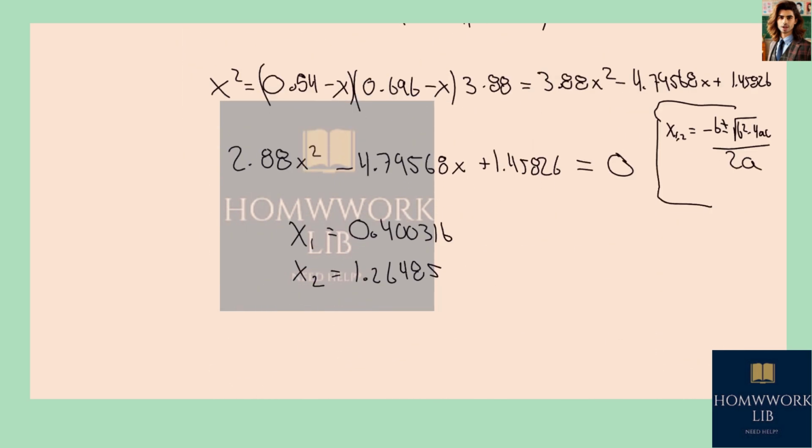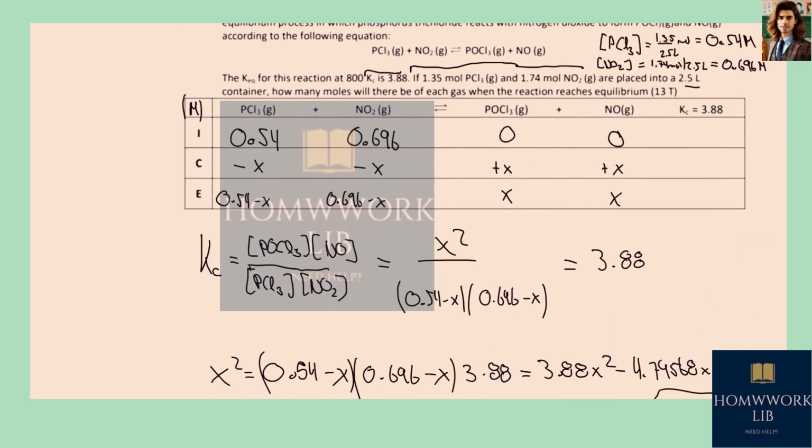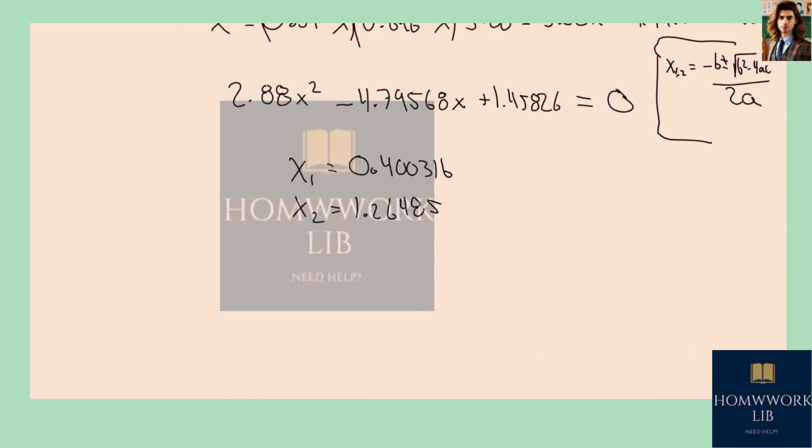Let's look at the equations that we have. If we have a value larger than 0.54, we would get a negative number. That means that we can disregard this value of x, and we're going to employ the value 0.40.